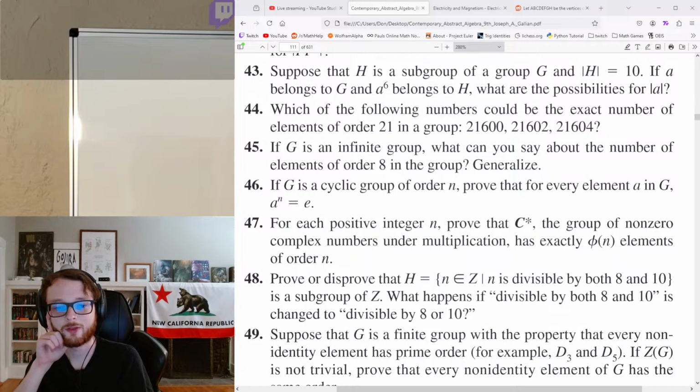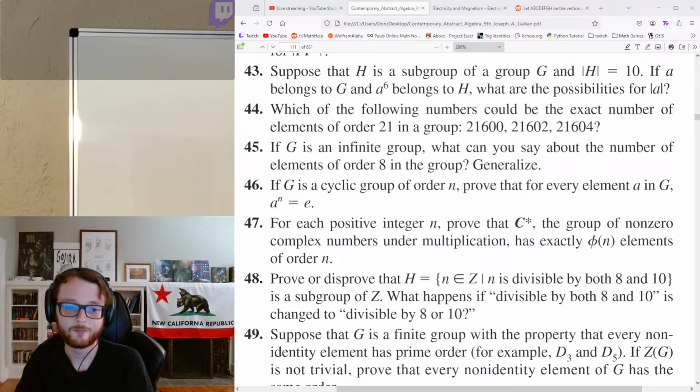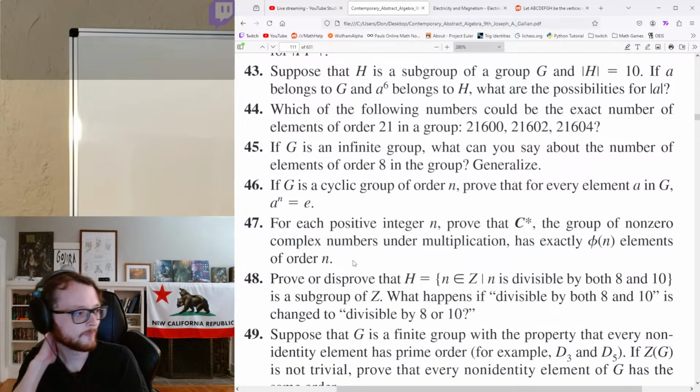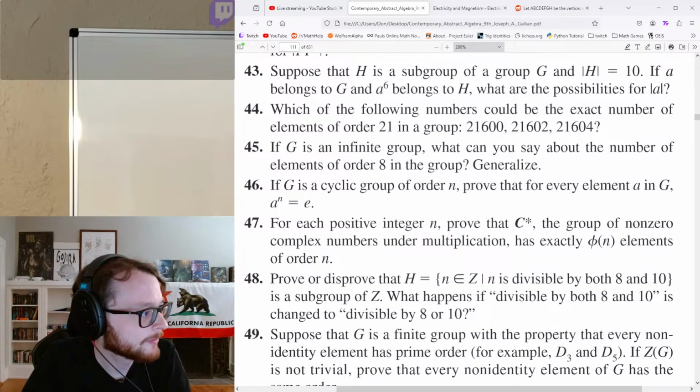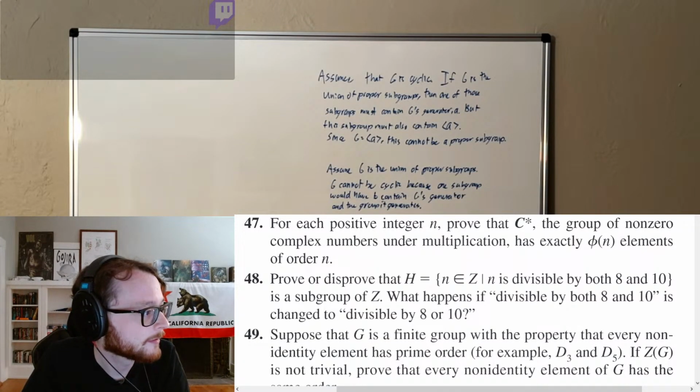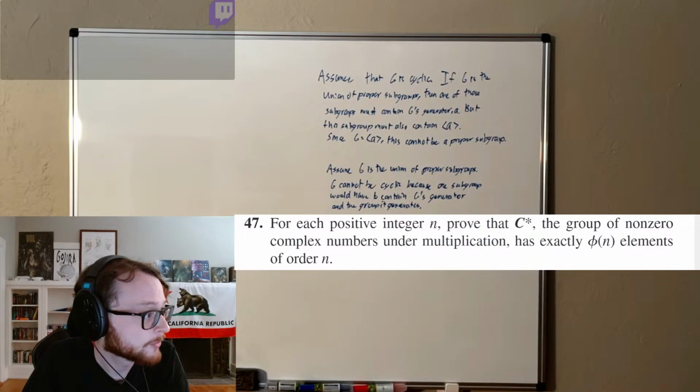Oh, that's right. I was thinking about C star being cyclic, apparently, under multiplication. So I guess let's just try things that I think are likely candidates for generators if it is cyclic and see if they happen to be generators.